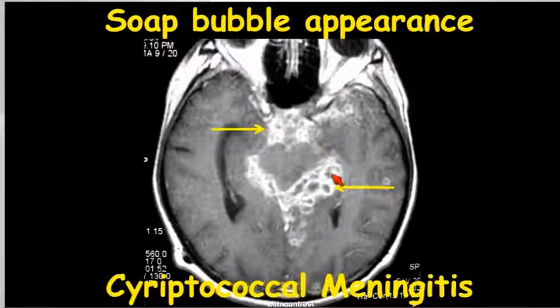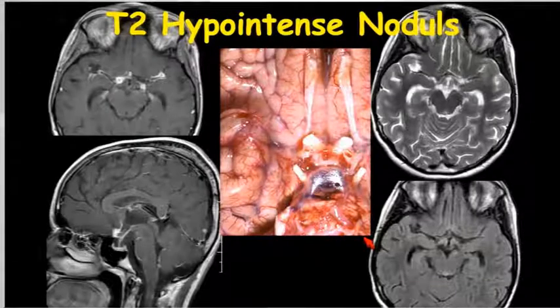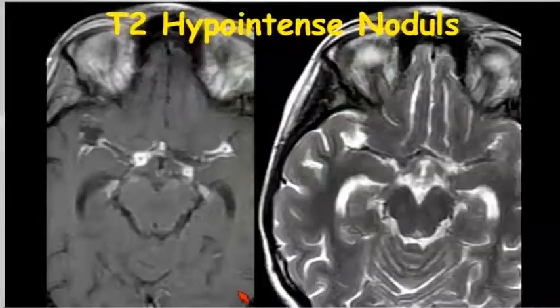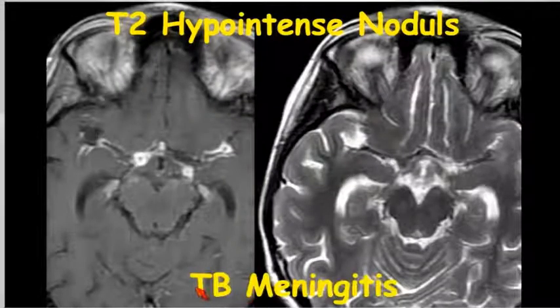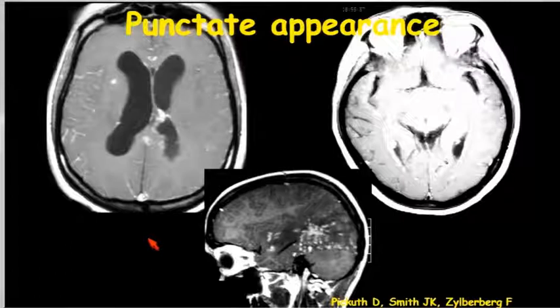But when you see it going along perivascular spaces or forming little cysts, gelatinous pseudocysts, that's when we need to think about cryptococcus. Hypointense nodules, this sort of nodular appearance, is typically seen with things like tuberculosis, and I guess I got that one right, so that's good. And you'll see this as a very common pattern with TB meningitis.